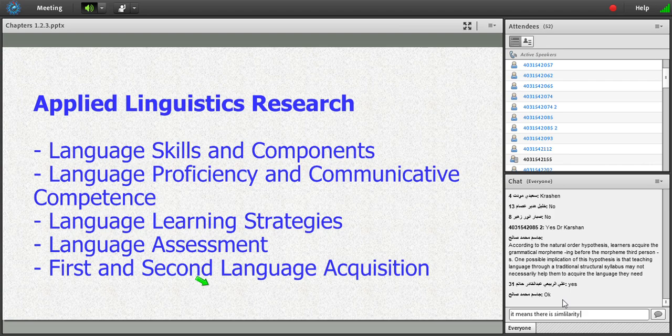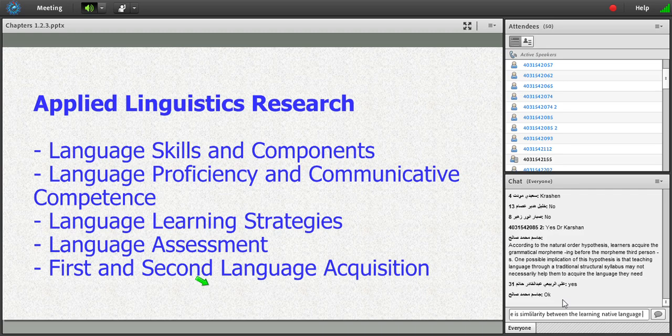It means that the students learn, for example, simple past by adding D or ED to the verbs before they learn irregular forms. For example, the students learn a verb like clean, cleaned, easier and sooner compared to the verb like bring.